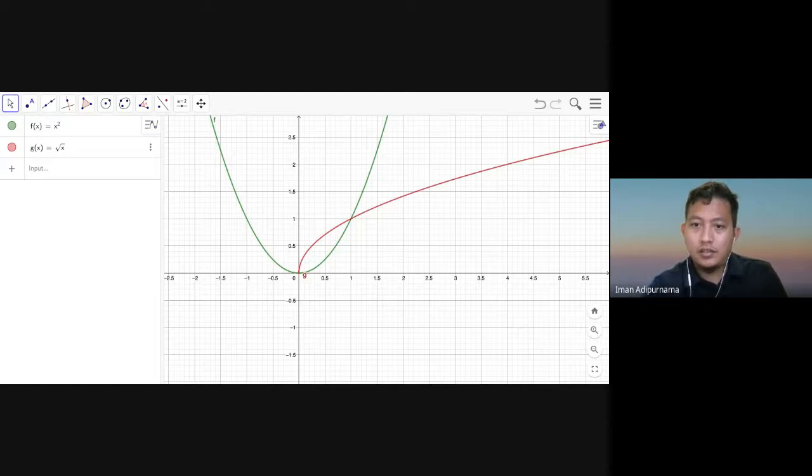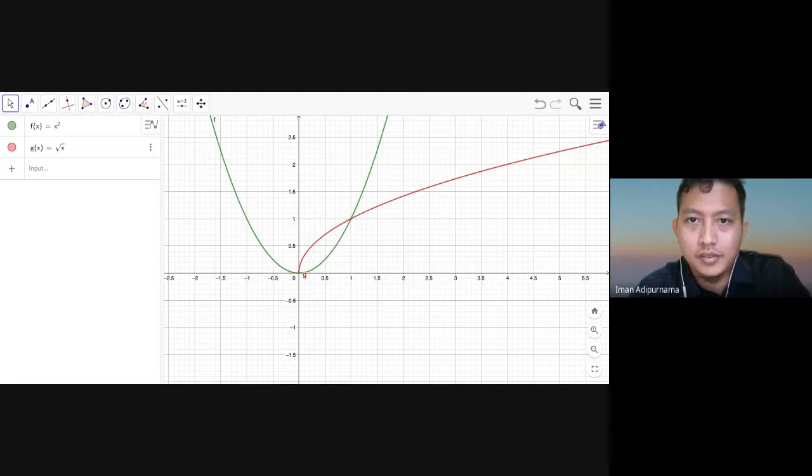The y is not negative square root of x. That's interesting.